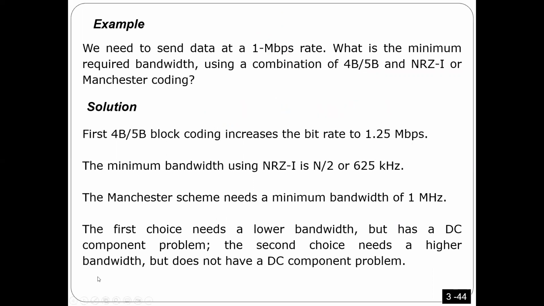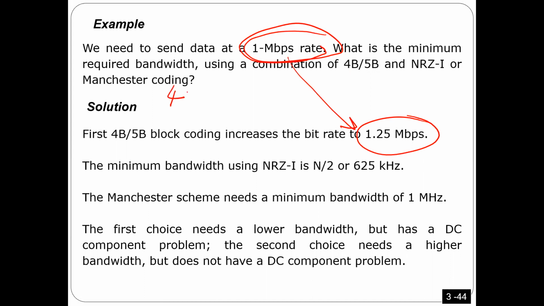So actually here you can see this is the cost. If you want to transmit 1, actually I'm going to transmit 1.25 megabit per second. Is that okay? And now, if I want to transmit 4, actually I'm going to transmit 5. How did you come up with 5?